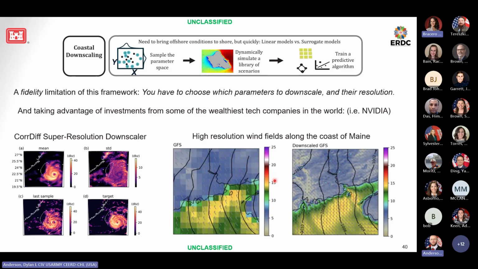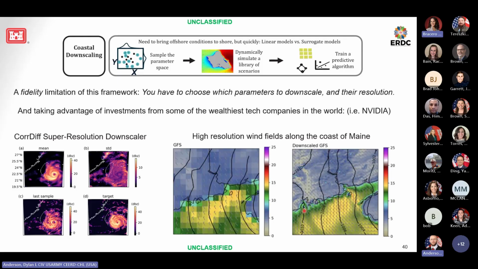And we have an example over here on the right-hand side using the military reimbursable effort that we're working under right now, where you're looking at a very coarse resolution wind model that has been, with the snap of a finger, like this happens very quickly and efficiently, now downscaled.